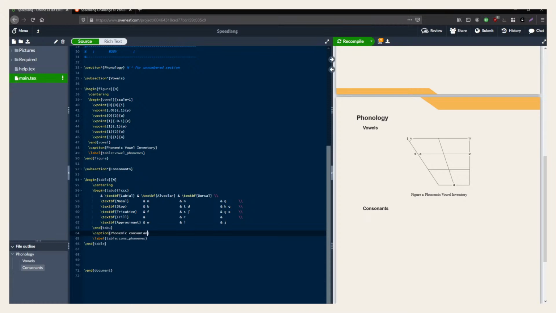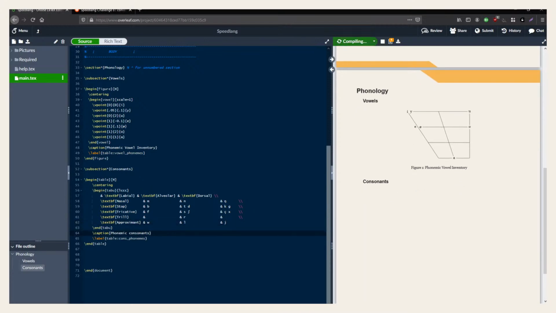Phonemic consonants. Consonants, yeah. And let's go with that for now. I'm going to add some colons and everything. Let's see.